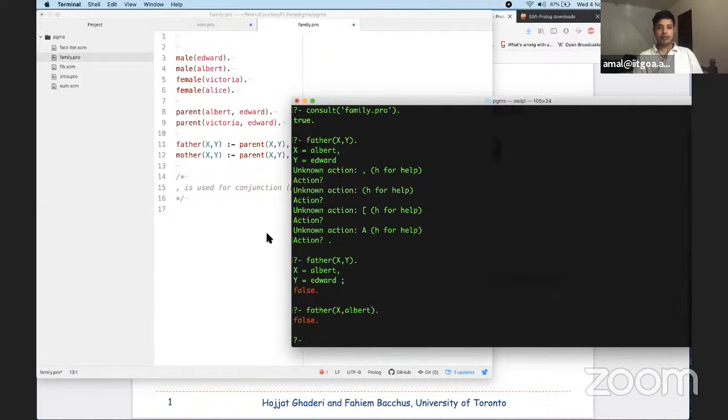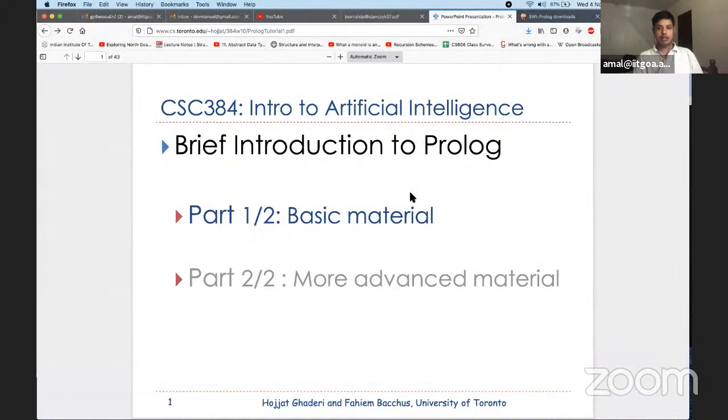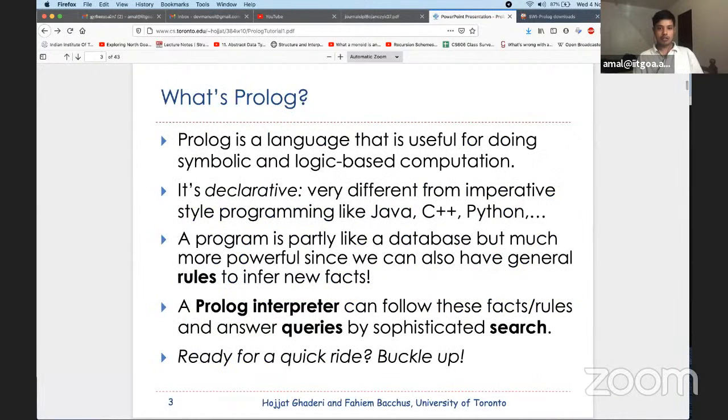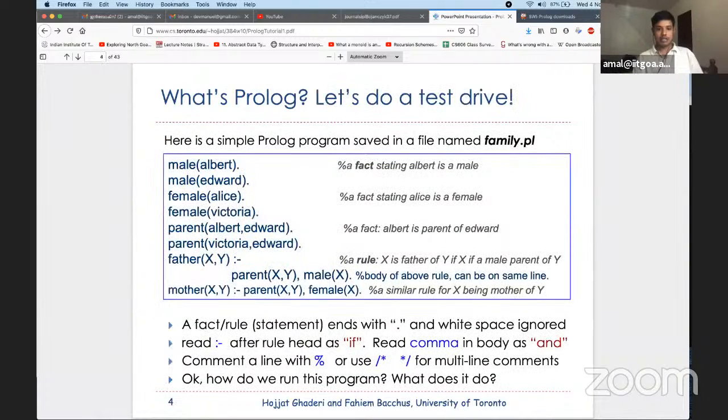Now, I'm using these slides. This is from University of Toronto. I will post it in our Piazza. So this is the example which we did. So far we were using the C style comments.